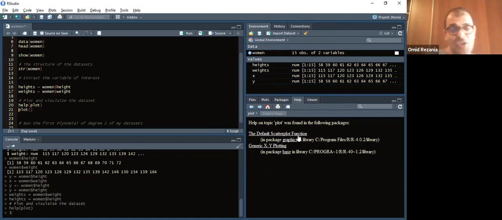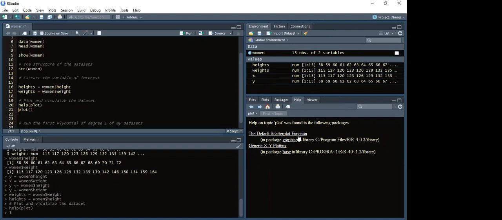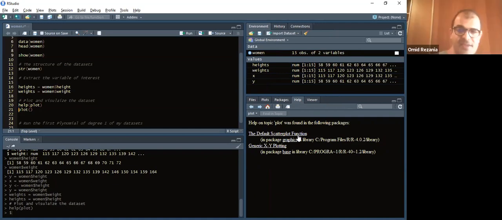If you are running the R, not the R Studio, Lara, when you write help, parenthesis plot, it opens, let's say, your internet browser and it gives it help there. Is it correct, Laura? Yes. Yeah? Okay.